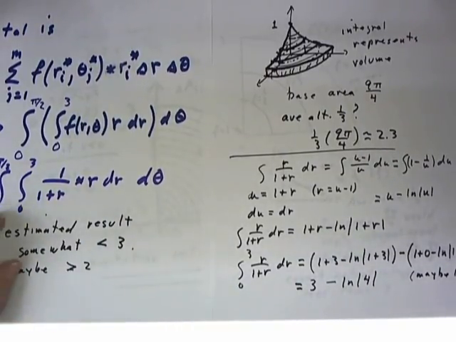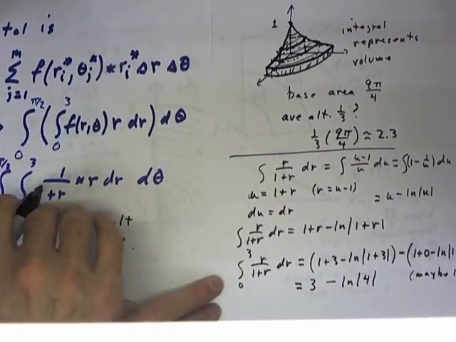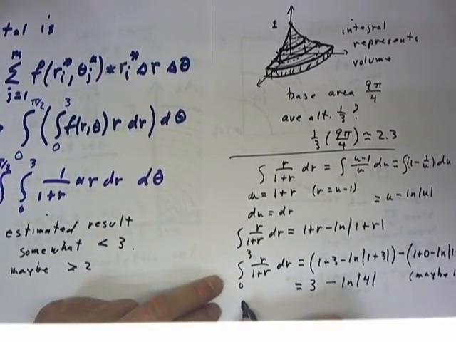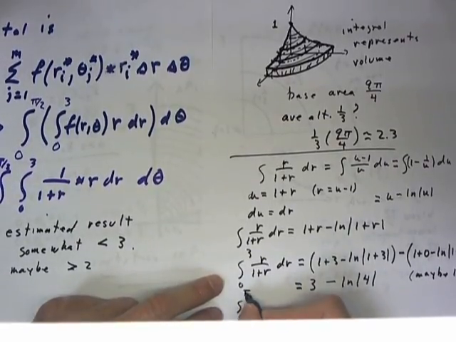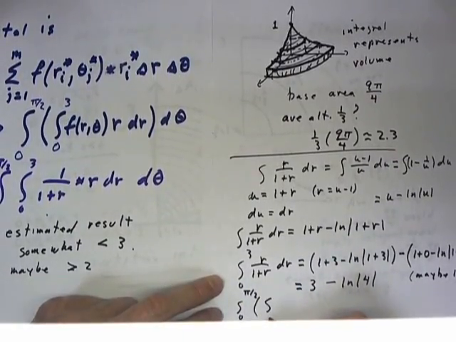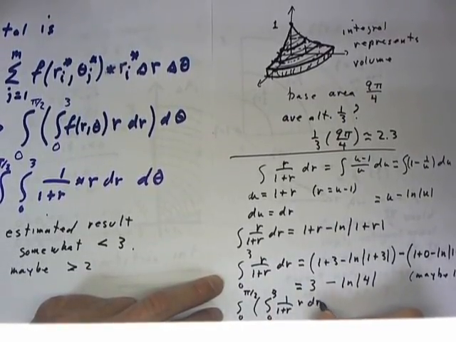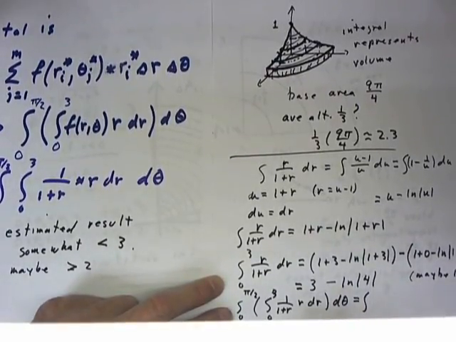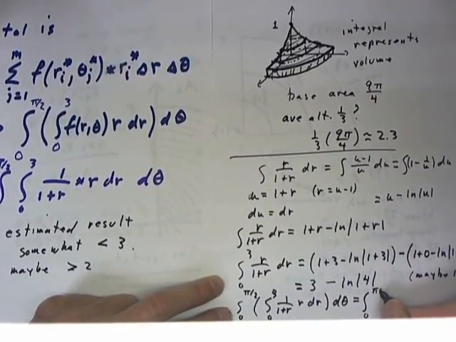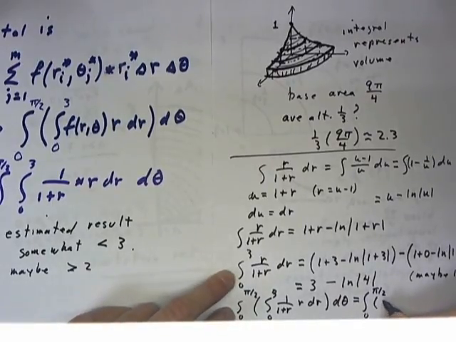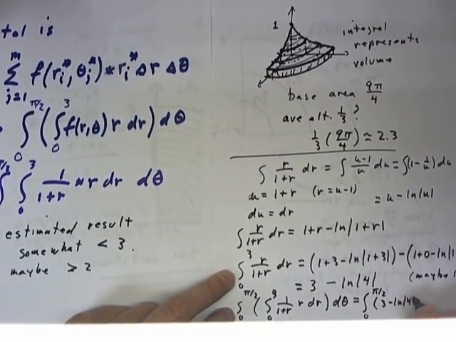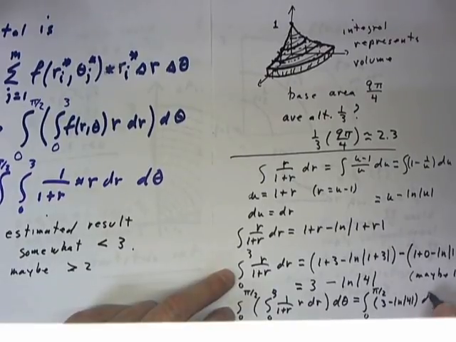So now what is our integral? What's our complete integral of our function here? It's the integral from 0 to pi over 2 of the integral from 0 to 3 of 1 over 1 plus r times r dr d theta. The r integral is just 3 minus the natural log of the absolute value of 4. We're integrating with respect to theta.